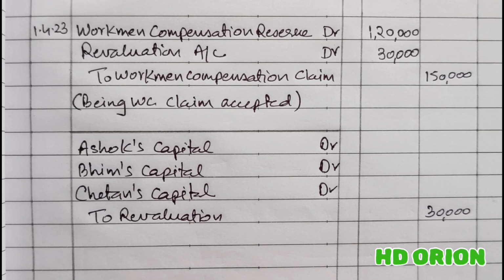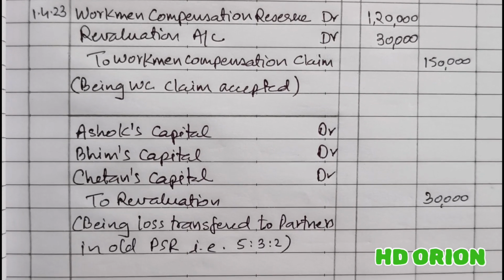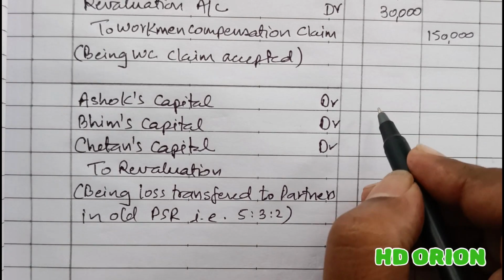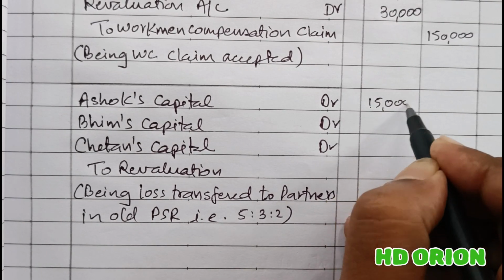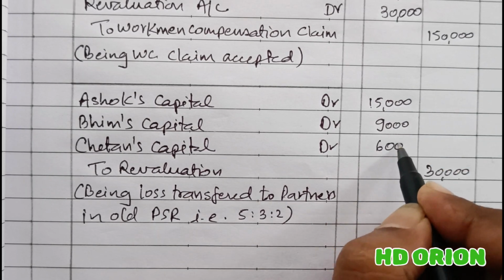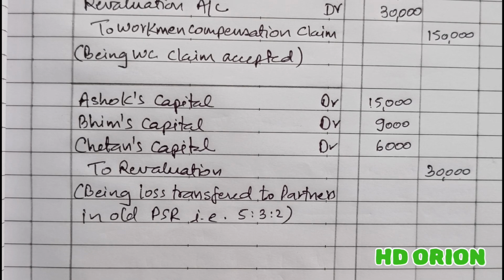Now this will be transferred in the old profit sharing ratio, which is 5:3:2. So when you break 30,000 in 5:3:2, it is 15,000 rupees, then 9,000 rupees, and then 6,000 rupees. In this way the loss is transferred, and you can see here that all the money in the workman compensation reserve was utilized to meet the workman compensation claim.